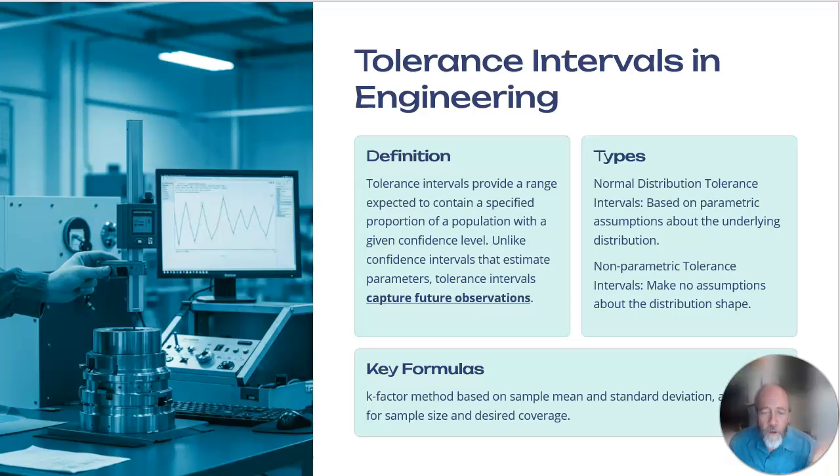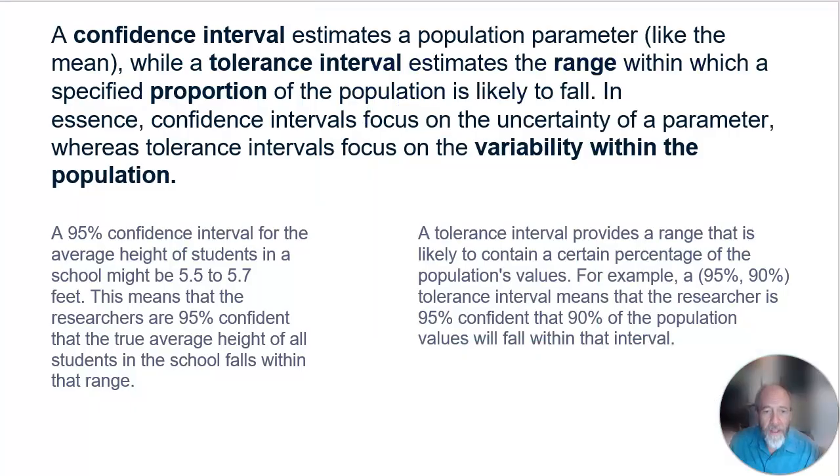Now, I do go over that there's multiple types, and non-parametric, I just need you to know that it exists. Non-parametric tolerance intervals don't make assumptions about the shape of the distribution, and they're relatively complex mathematics to deal with.